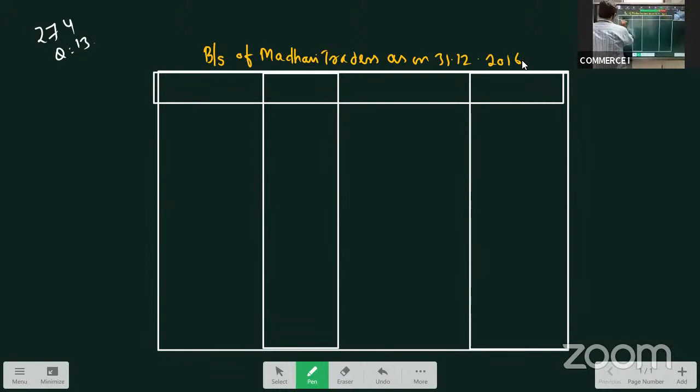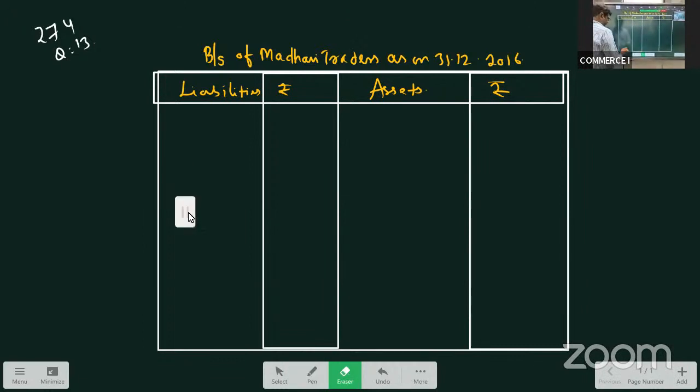This is our liability side amount, assets amount. Remember, all the obligations go on the liability side, and all the properties on the asset side, the right hand side.